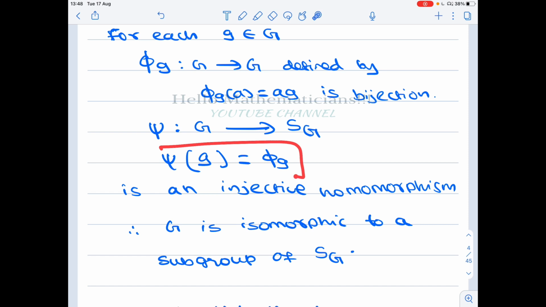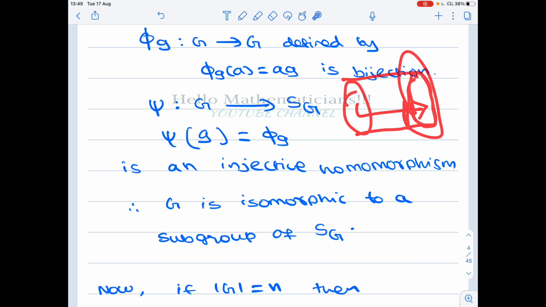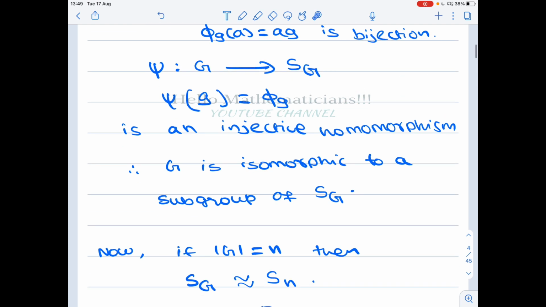One can prove that this is a group homomorphism and it is also injective. So if you have an injective homomorphism, then the image will be a subgroup of the codomain which is isomorphic to the domain group. Therefore, G is isomorphic to a subgroup of S_G.